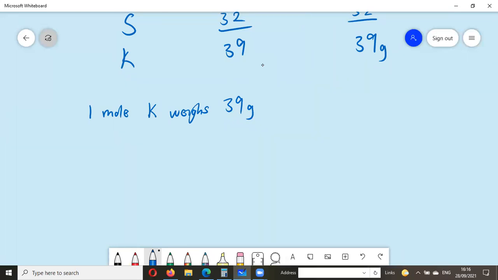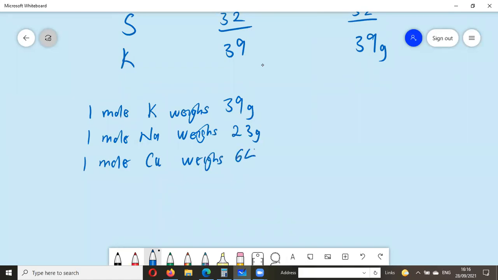And so then if it is 1 mole or maybe sodium atom, it always weighs how many? This is 23 grams. That means the 1 mole of copper, it always weighs 64 grams. So this is how we write the statements, what you call the first what? Principles.